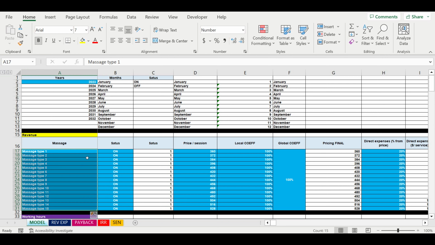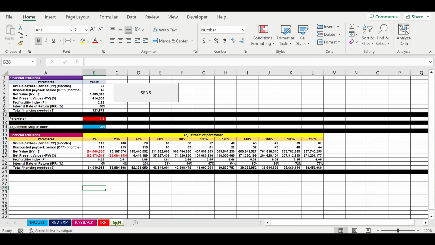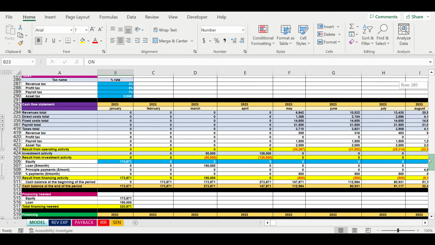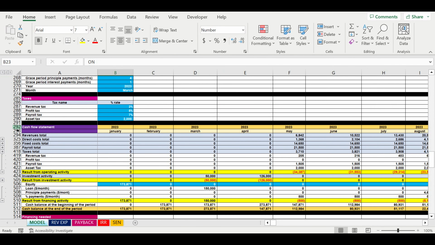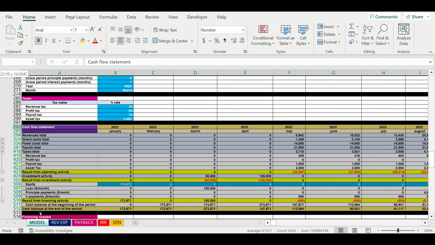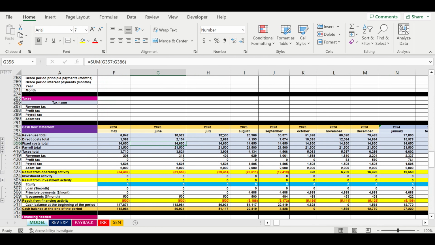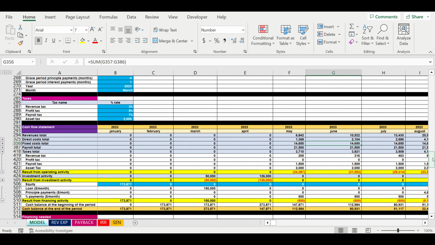And what is important, we are creating on-off buttons many steps ahead, because when we finish this financial model and see, for example, the payback period of our business idea, the net present value, the profitability index, or the cash flow statement, we will 100% want to switch on and off different services.